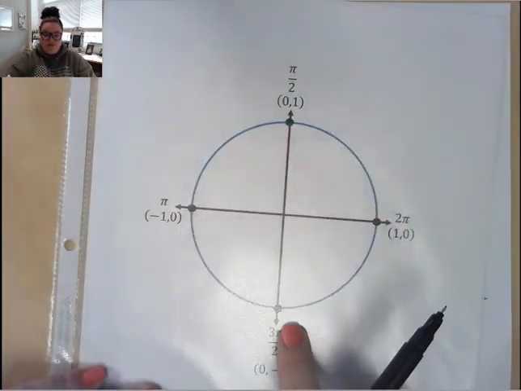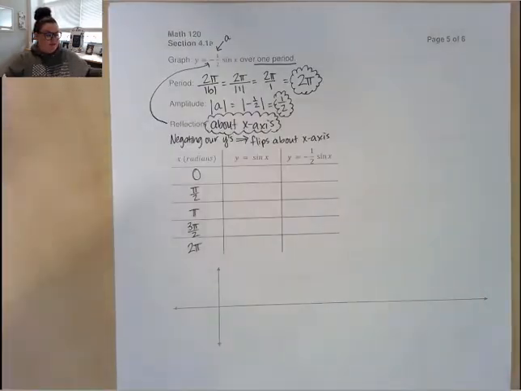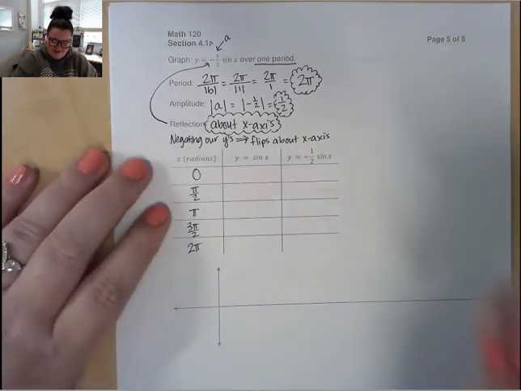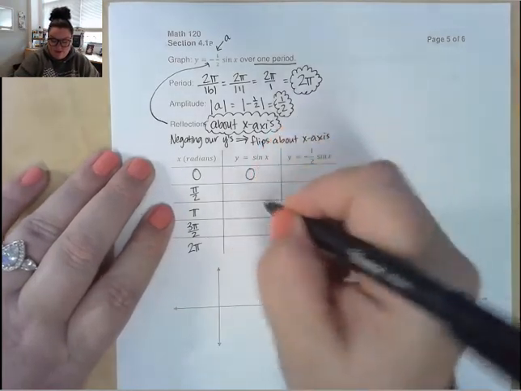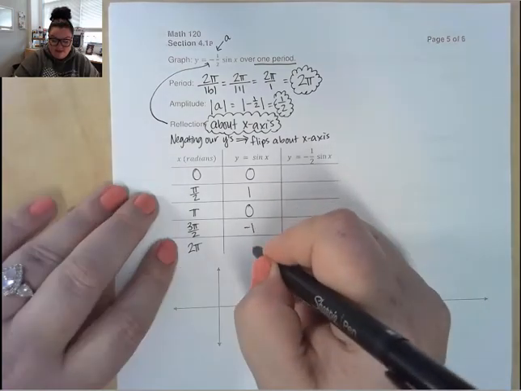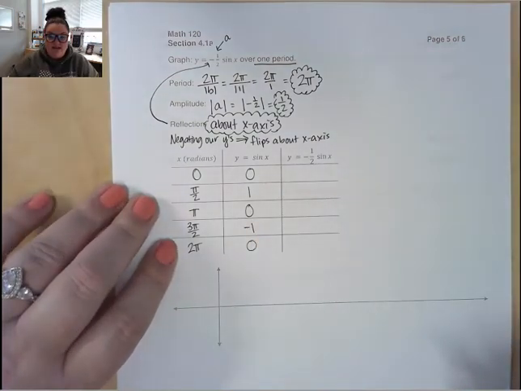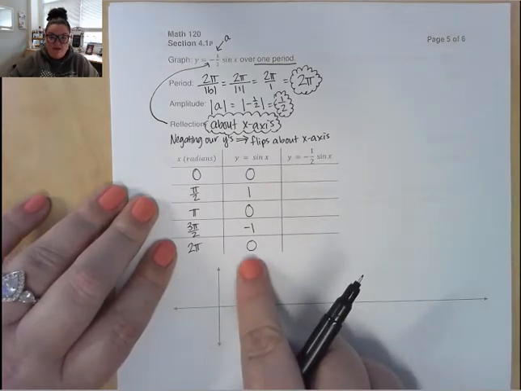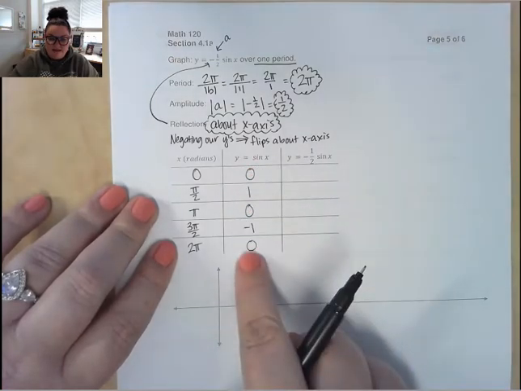Hopefully now you're starting to remember them. Sine starts at 0, goes up to 1, back down to 0, then down to negative 1, and then ends at 0.